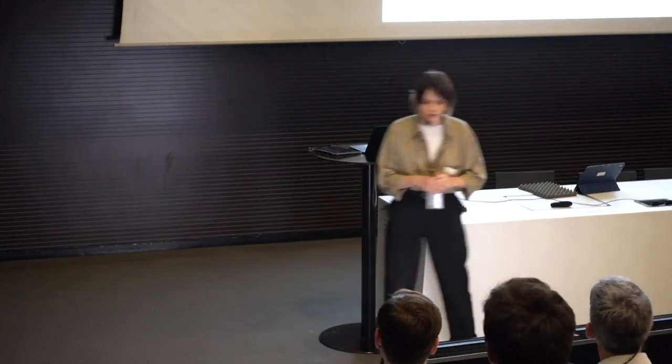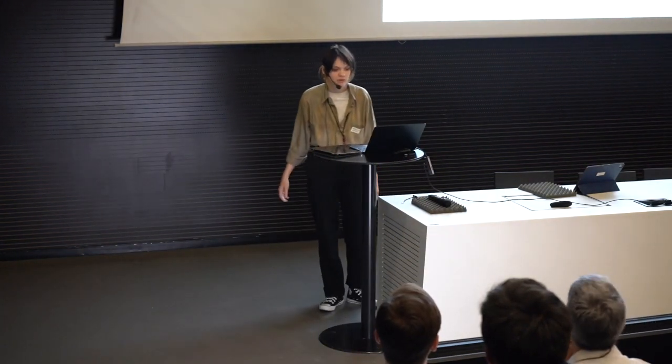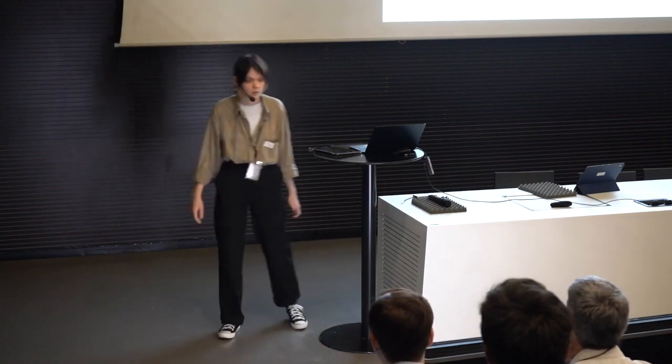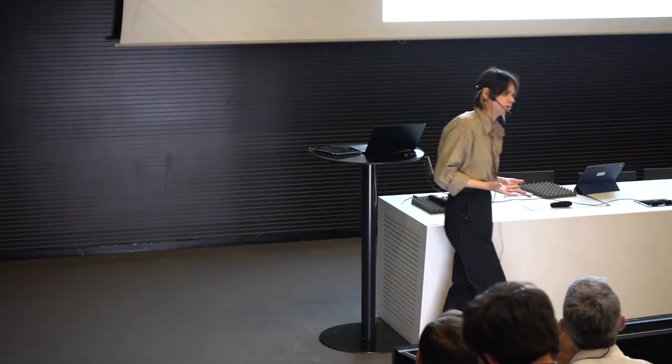So yeah, this is what we will be doing. Let's see. Some notes before we begin. First of all, decoys are investigated separately from the environment. So I tested only decoys without them interacting with the rest of the infrastructure, because it's also important and it can tell you a lot about this host.